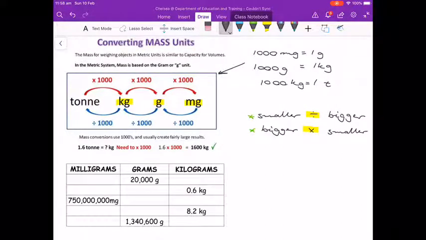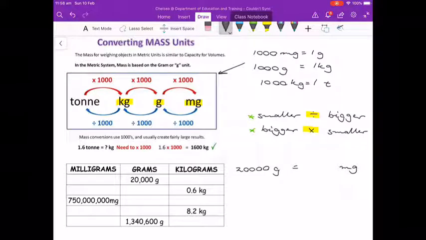We have 20,000 grams and we want to go to milligrams and then we want to go to kilograms. So if we're going from grams to milligrams, we're starting with 20,000 grams and we want to convert it to milligrams.